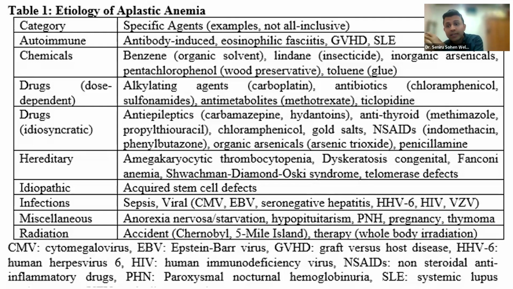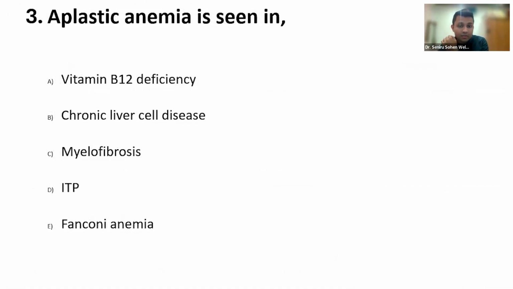So here you see that we are talking about aplastic anemia and not pancytopenia. If this question was about pancytopenia, most tips would be correct. But here we are talking specifically about aplastic anemia. So what does vitamin B12 deficiency cause? It causes a megaloblastic anemia.